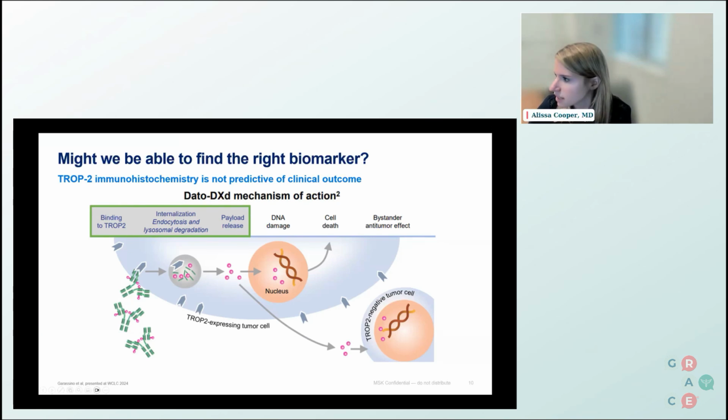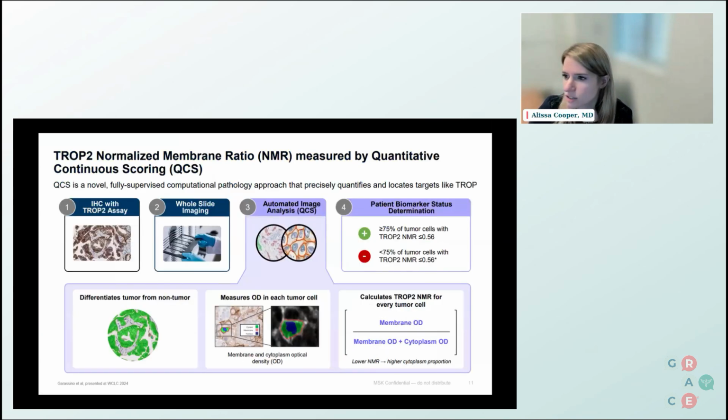And so scientists have now tried to understand, is there a different way that we can look at TROP2 and better predict which patients' tumors might respond or not? They've come up with a novel way to measure TROP2 via computational pathology. It's automated via computer measurement, and it calculates the expression on the outside versus the inside of the cell. And they found that this novel measurement has been more predictive than standard methods used so far.